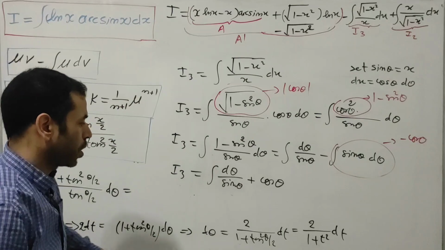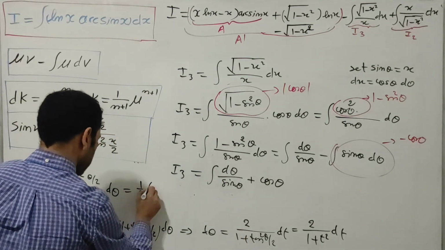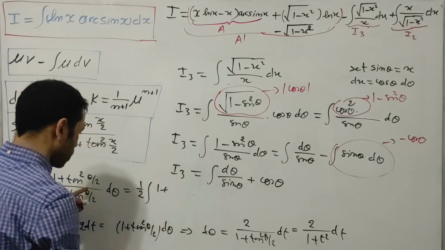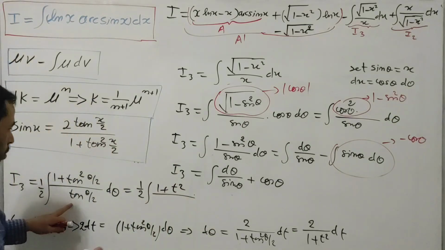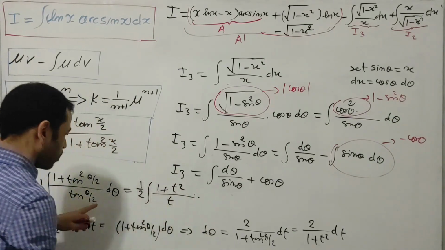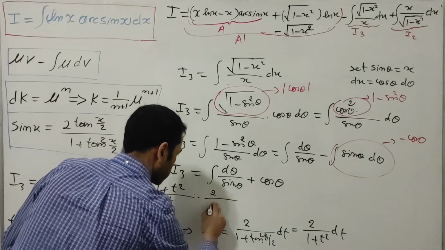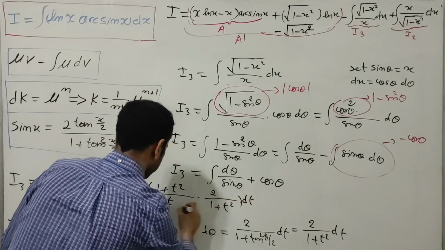So I'm going to plug all this information into this integral. It gives me half multiplied by the integral of 1 plus t square divided by t, multiplied by this term, which is 2 divided by 1 plus t square, all multiplied by dt.